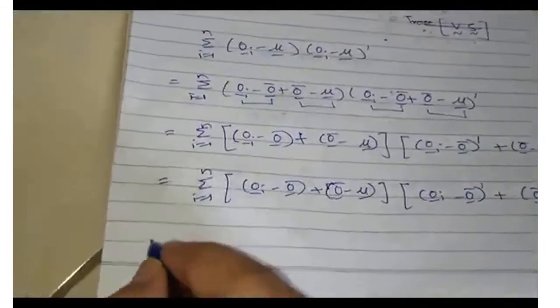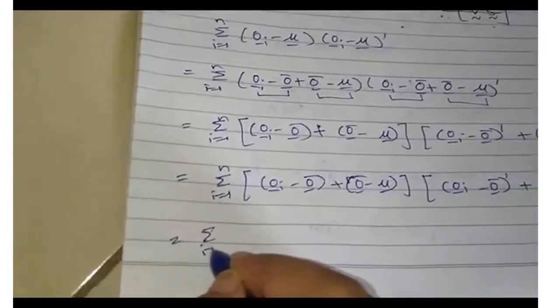If I simplify this further, I would have the sum over i going from 1 to n.